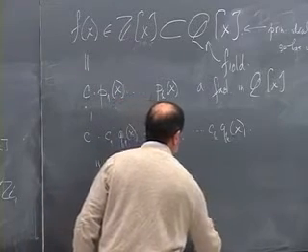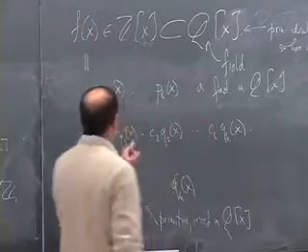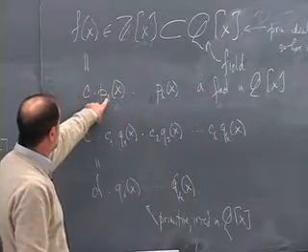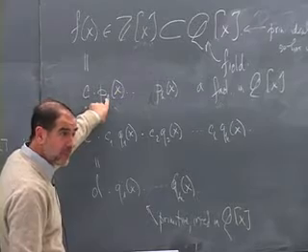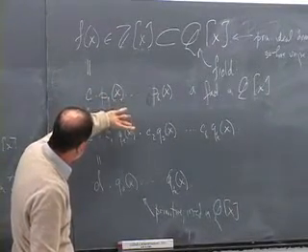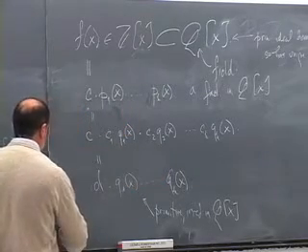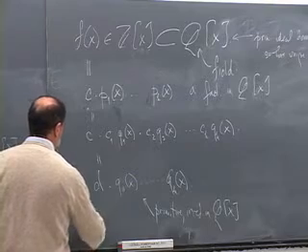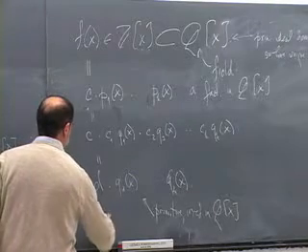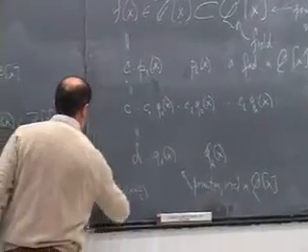which are irreducible in Q of x, because they're just scalar multiples of these irreducible monic polynomials. So each monic polynomial I write as a constant times a primitive polynomial, just like I did for that example, this 2x plus 1, which I've written as 2 times x plus a half. I would have started with this x plus a half and written it as a half times 2x plus 1.